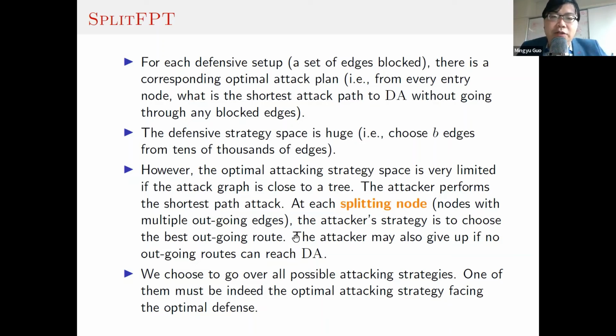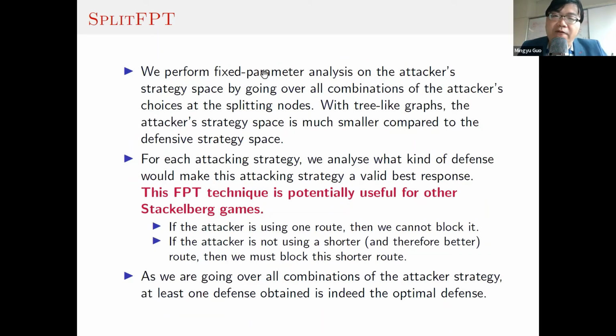What we are doing here is going over all the possible attacking strategies. One of them must be the correct best response to the optimal defense. So what we need to do is perform fixed-parameter analysis on the attacker's strategy space by going over all combinations of the attacker's choices at the splitting nodes. And if the graphs are like trees, then the attacker's strategy space is much smaller compared to the defensive strategy space.